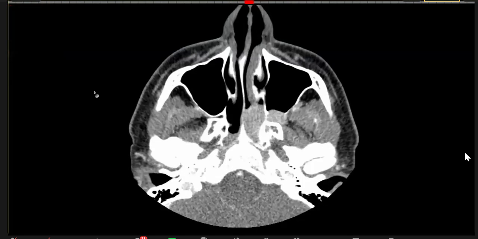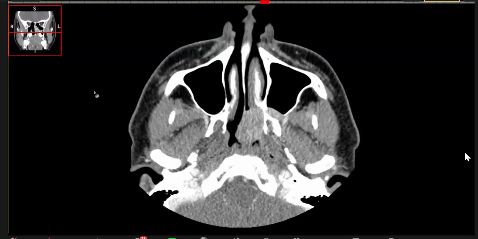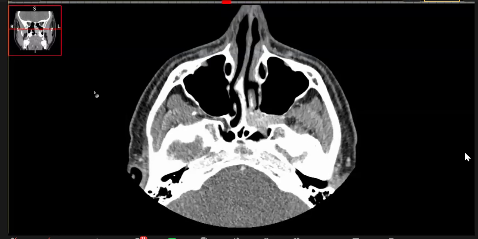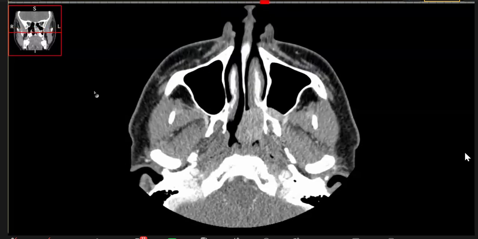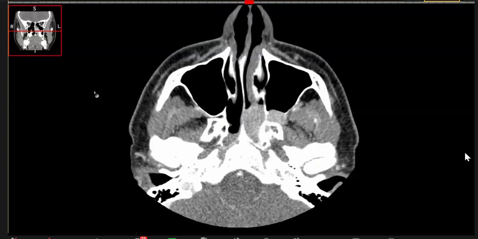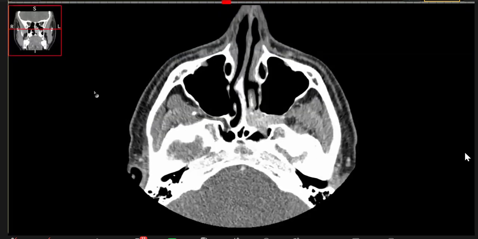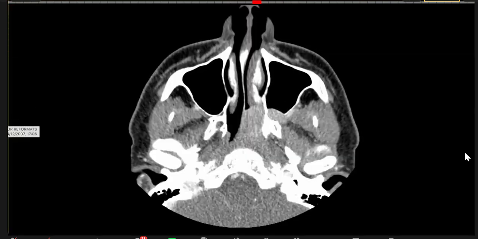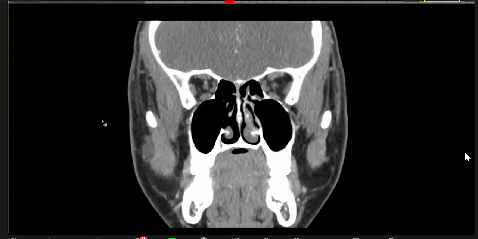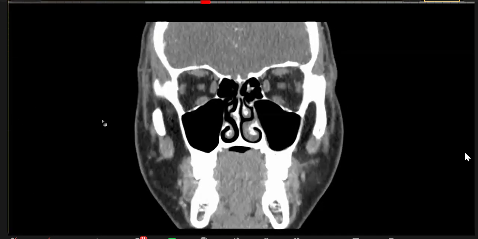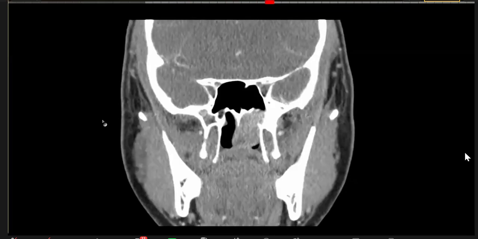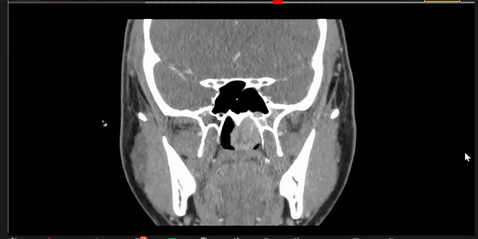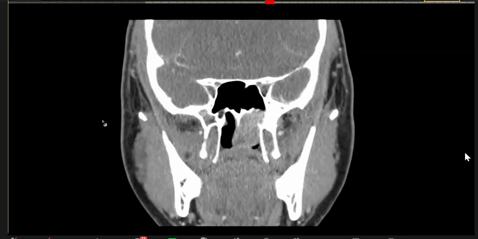Yeah, sir, I could appreciate the mass centered in the pterygopalatine fossa, causing the bowing of the posterior wall of maxillary sinus anteriorly with extension into the nasal cavity, and it's reaching up to the pterygomaxillary fissure, but not in the infratemporal fossa. So considering the imaging appearance and intense enhancement, I'm thinking of nasal angiofibroma as my first differential. It's the primary differential I have.